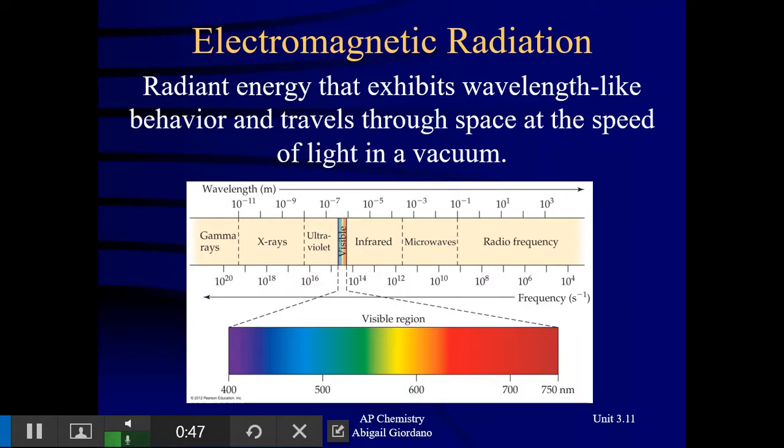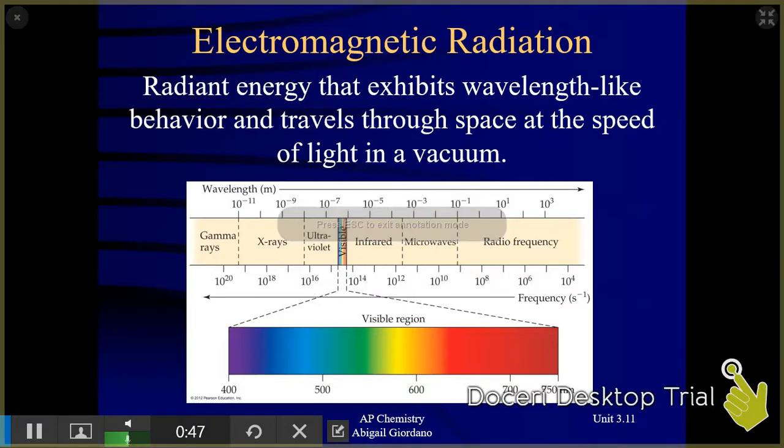But certain types of radiation that we are going to focus our attention on today are going to be in this area. We're going to talk about ultraviolet and visible light, infrared, and microwaves.